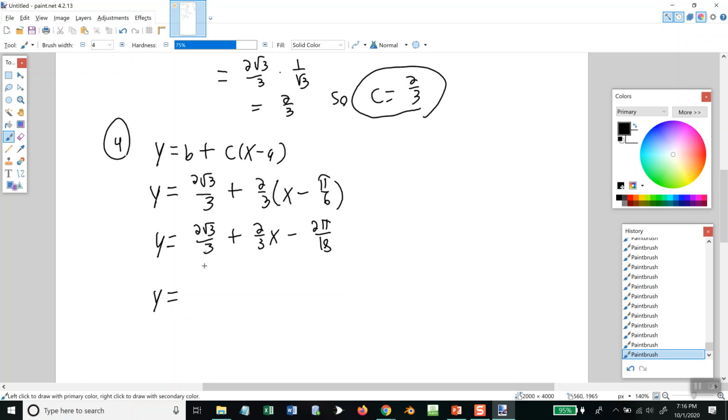Multiply top and bottom by 3 here, and we get 6 square root of 3 over 9 plus 2/3 x minus pi over 9, dividing top and bottom by 2 for the pi term.